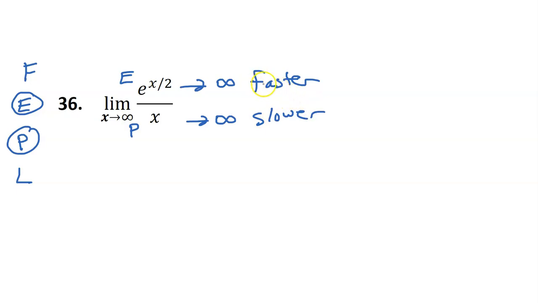So if you have a faster growing numerator, then the overall value of the fraction is just getting bigger and bigger and bigger. In other words, the limit is approaching infinity, which means that the limit does not exist.